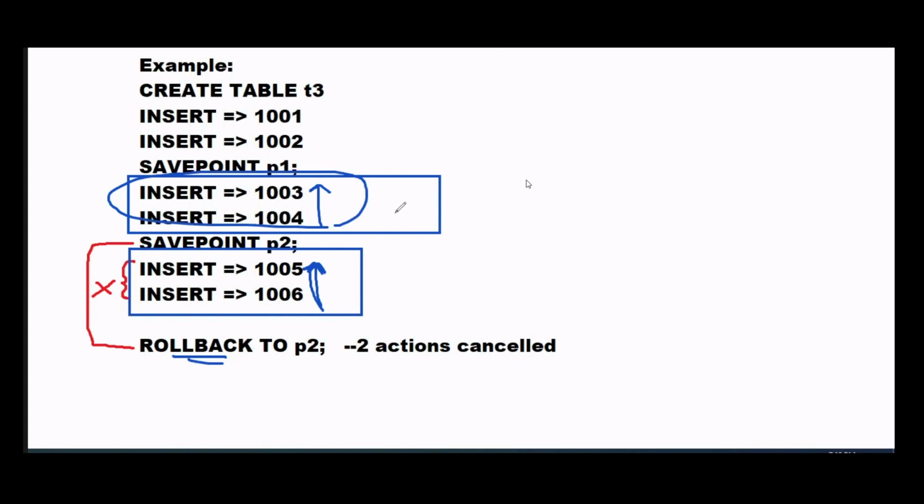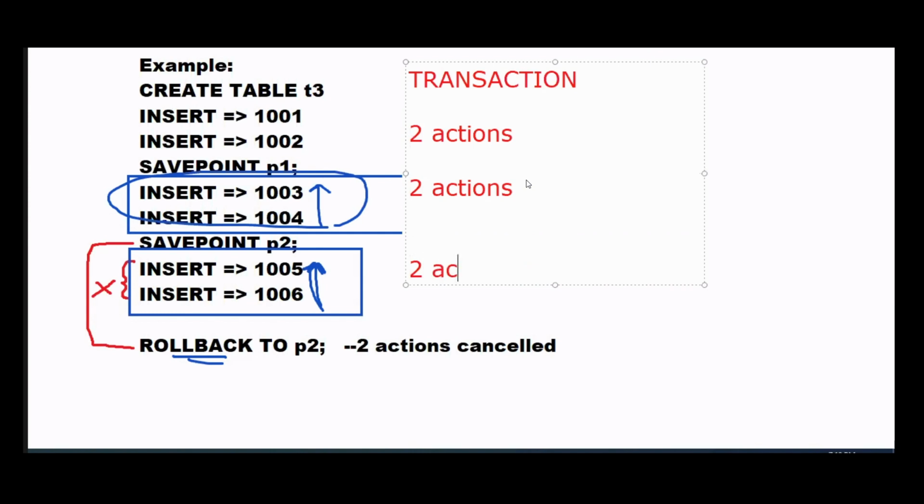Why, sir? Because when we are performing a transaction, it should be performed sequentially. For example, here the transaction is started. You are performing two actions here. After that, here you are performing two actions. After that, here you are performing two actions to complete the transaction.